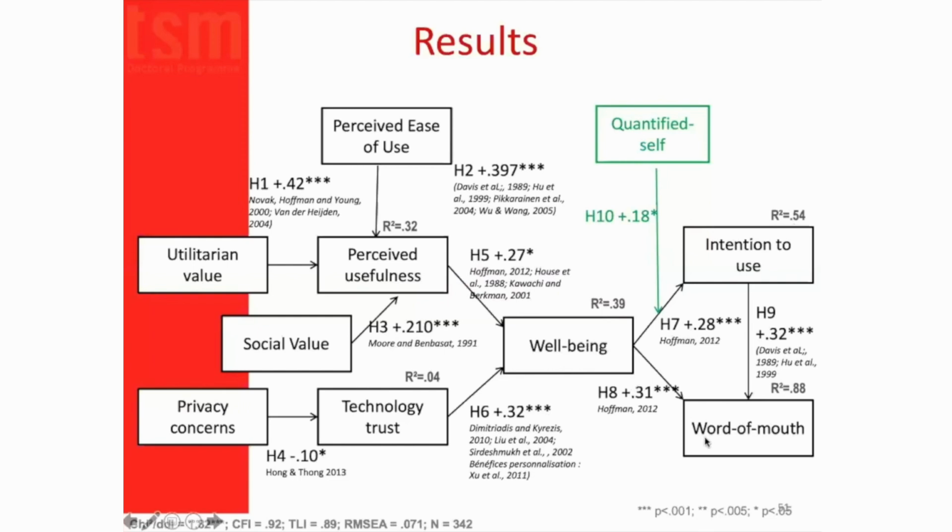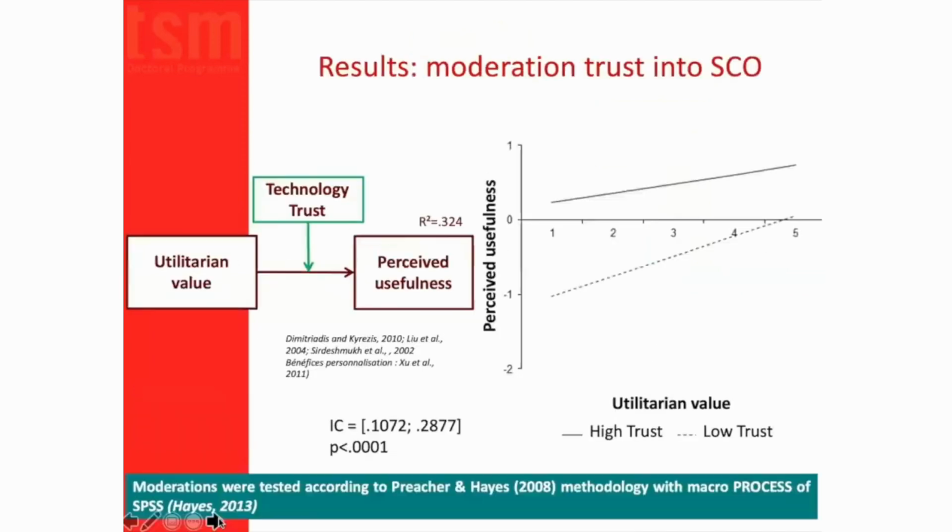Well-being also has a direct, positive and highly significant impact on recommendations, or word of mouth, to recommend a smart connected object. And last but not least, we confirm a positive, highly significant relationship between intention to use and word of mouth. We have here some moderators that we test.